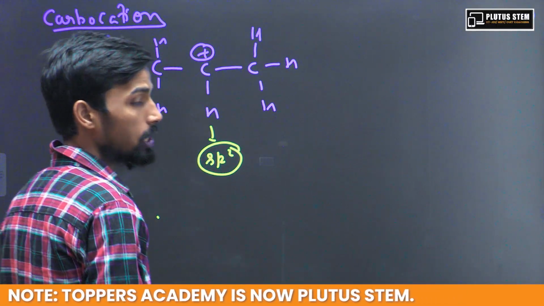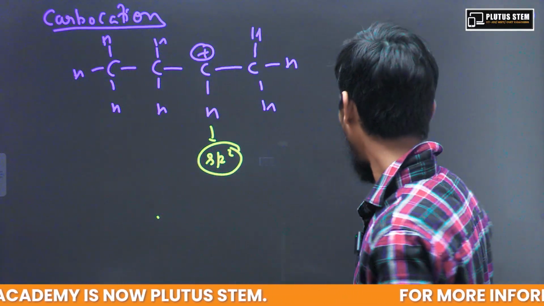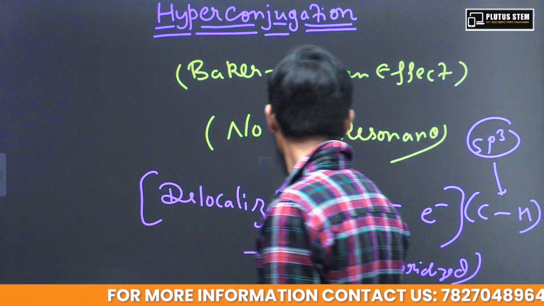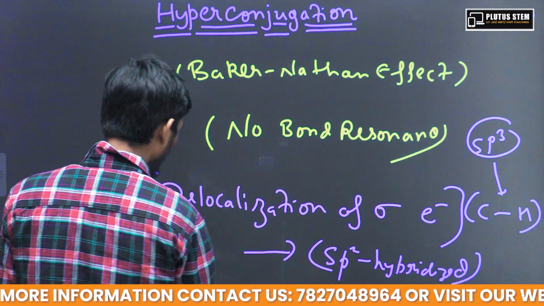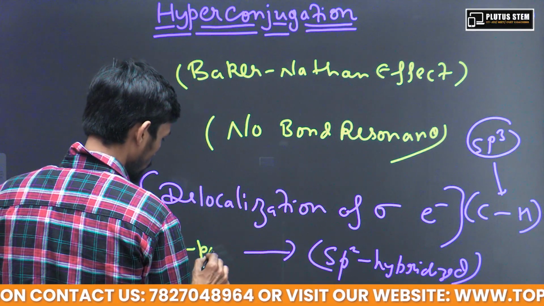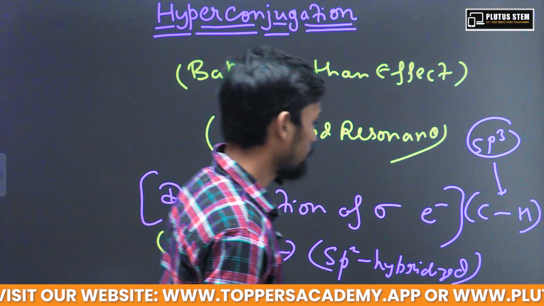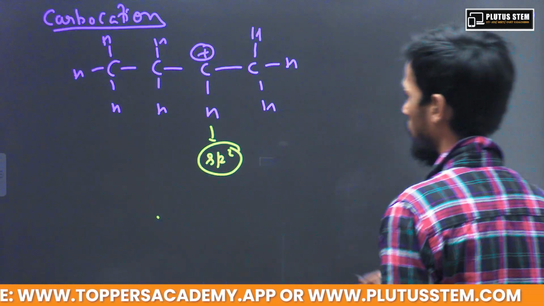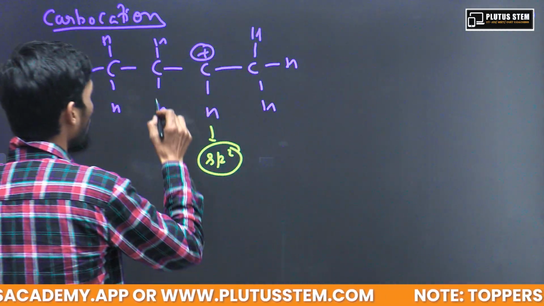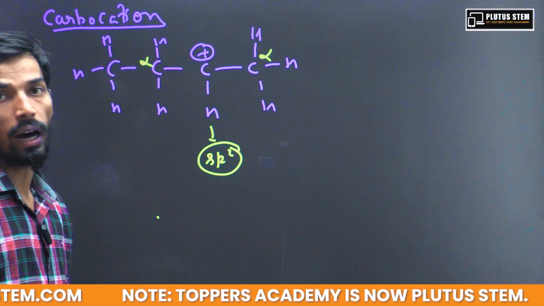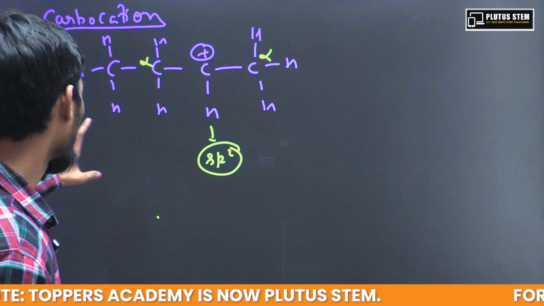I have told you about the delocalization of sigma electron to the neighboring, or you can say alpha position, with respect to this. Now this is our sp2 hybridized carbon, and these two are the alpha positions.